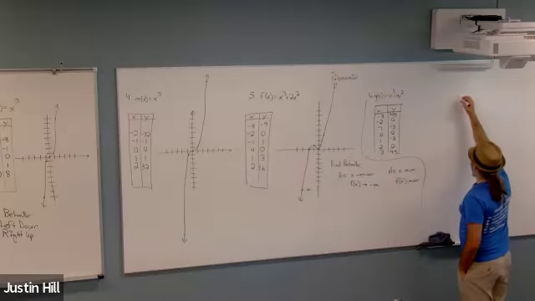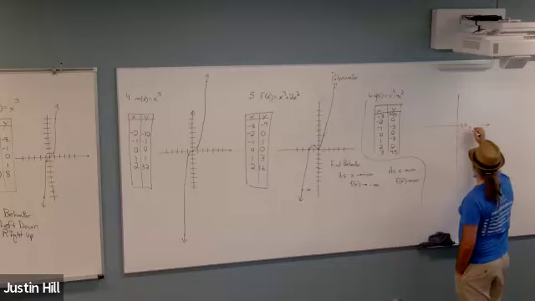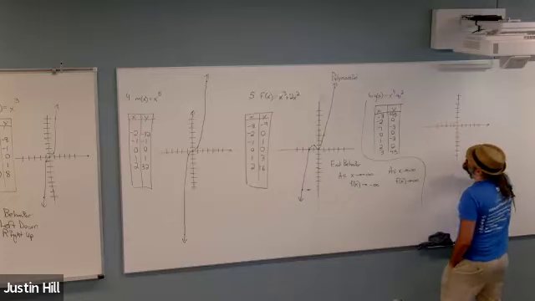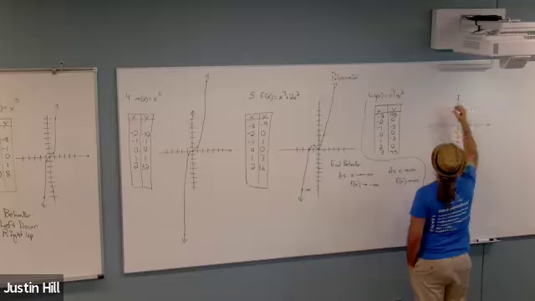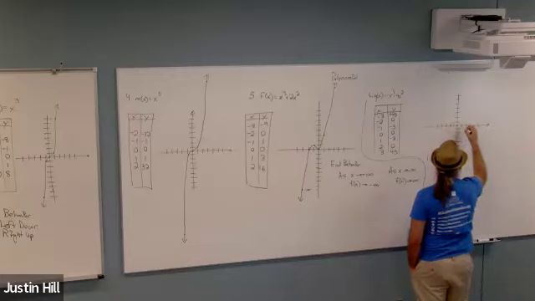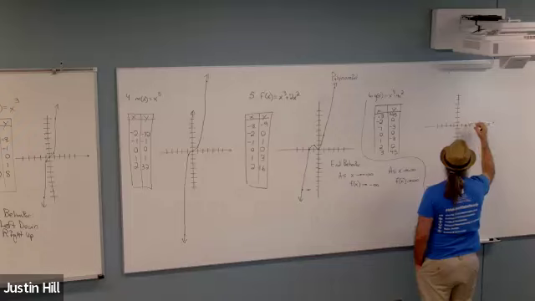So let's graph. -3 is way up here. No, -2 is a 0. -1 is a -3. 0 is 0. 1 is -3. 2 is 0, and then 3 is back to being way up.